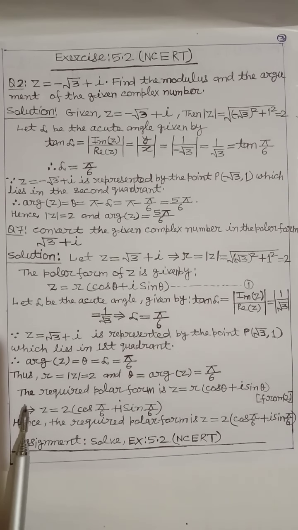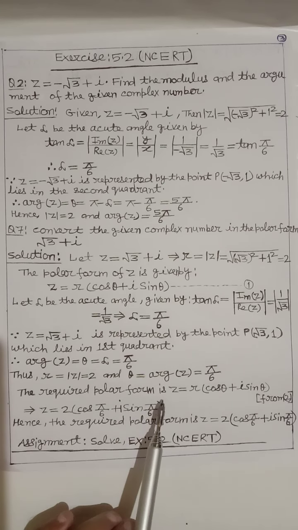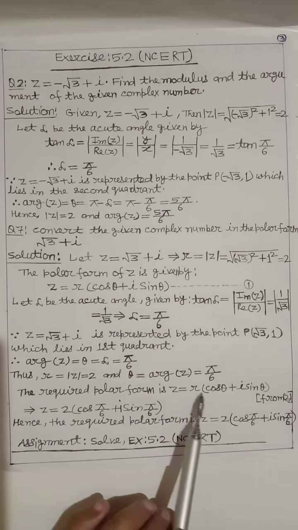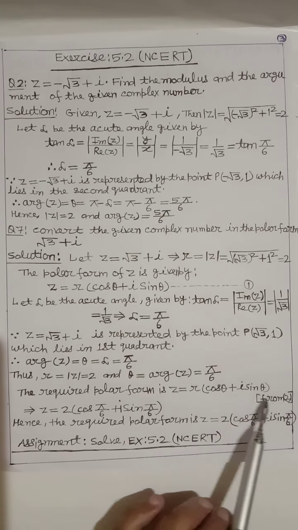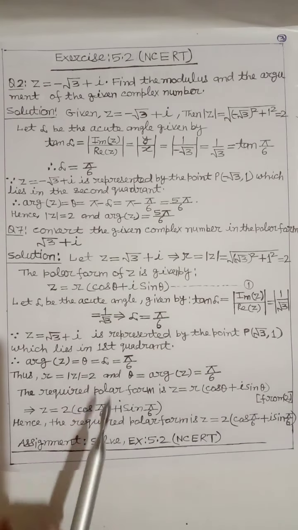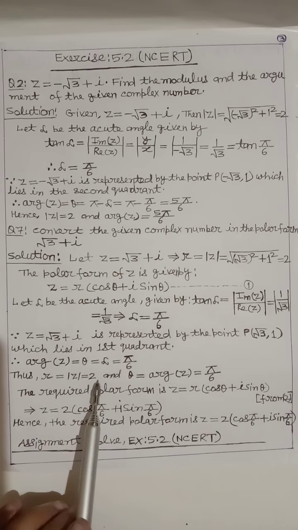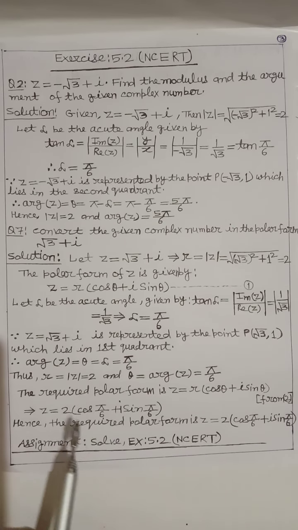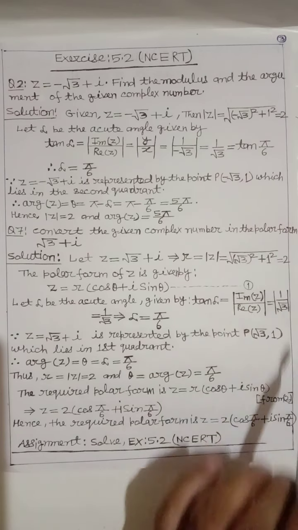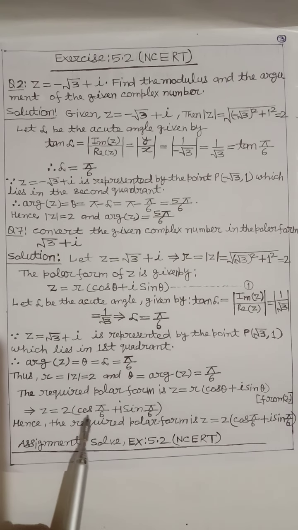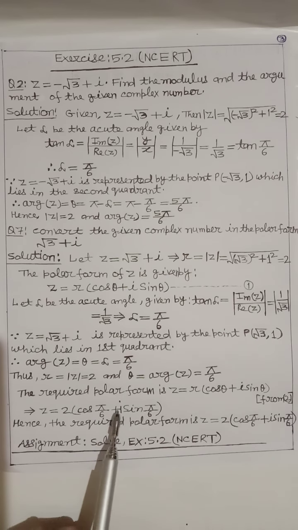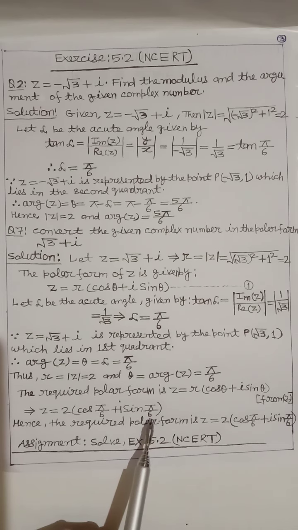So, we can write the given complex number in the polar form, that is z is equal to r (cos theta plus i sin theta) from 1 here, and this implies that z is equal to, r is 2 here, theta is pi by 6, so z is equal to 2 into (cos pi by 6 plus i sin pi by 6).